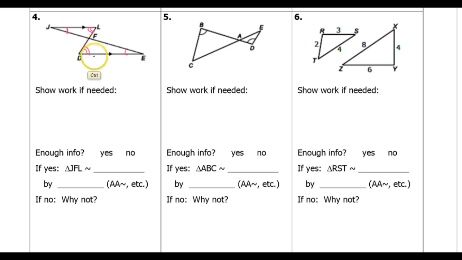So right there, that is enough for us to say that these triangles will be similar by the angle-angle similarity postulate. And let's see, angle J corresponds with angle E. Angle F is going to correspond with angle F. And that just leaves angle D.